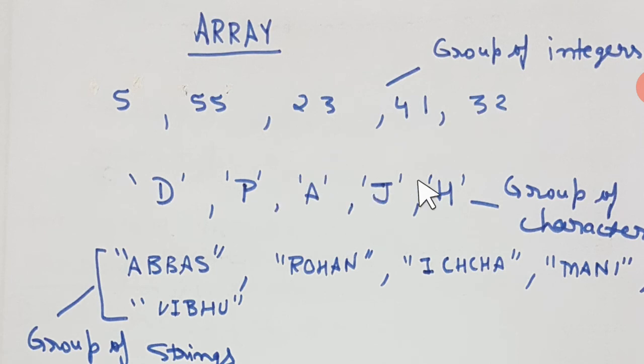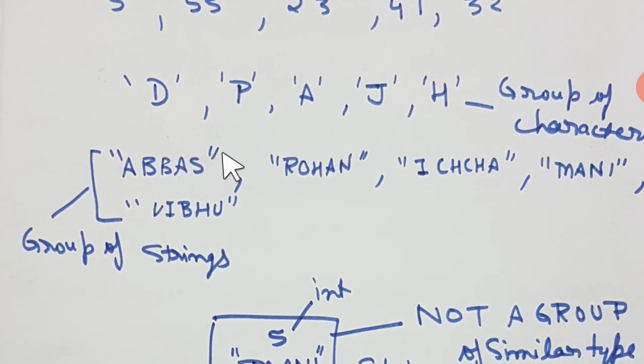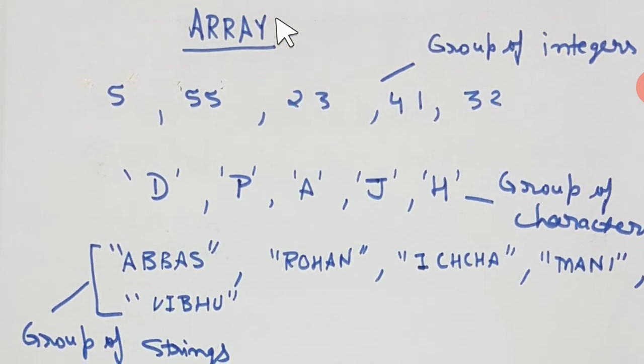When I say this is a group of characters, all the elements of this group are characters in Java, or char type. Then there are many strings, and each and every element of this group is of string type, and String is also a data type in Java, with a capital S. So we have seen different groups of different types.